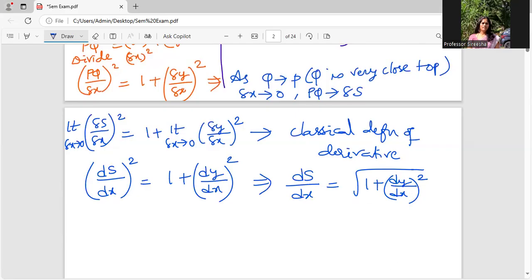I'll write a note: the curvature at any point. This is about a circle.